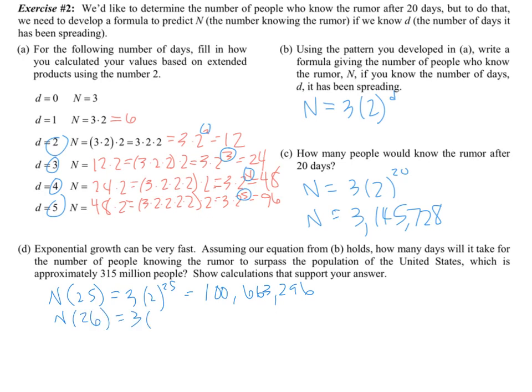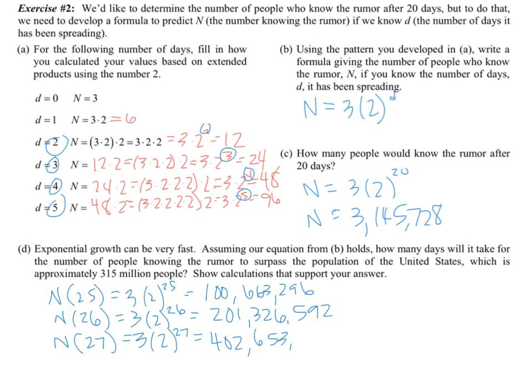Well, 3 times 2 to the 26th power is about 201,326,592. Really close still. So let's try 27 days. So 3 times 2 to the 27th power becomes 402,653,184. So it's going to take about 27 days to surpass it.